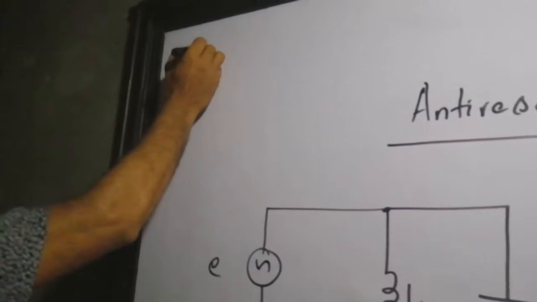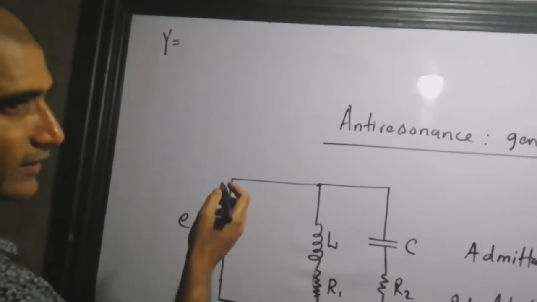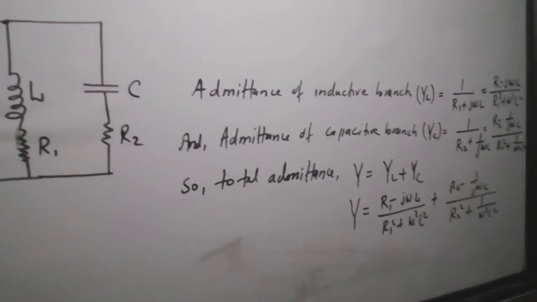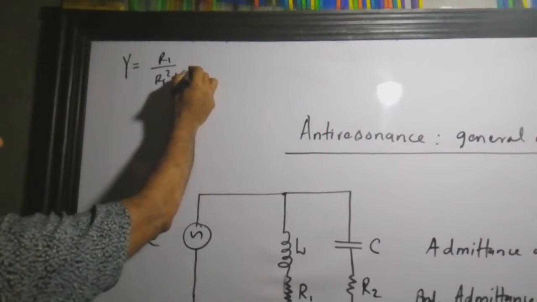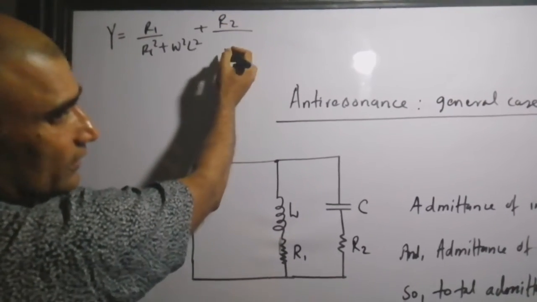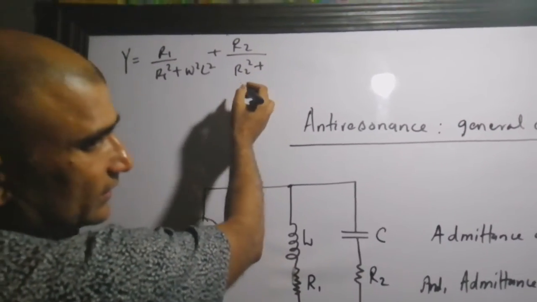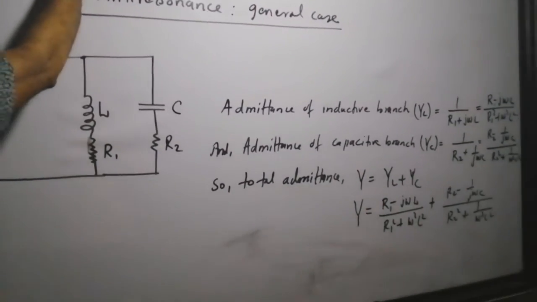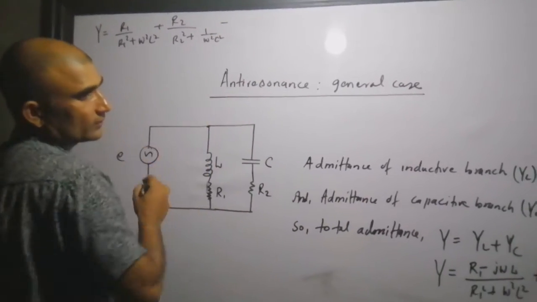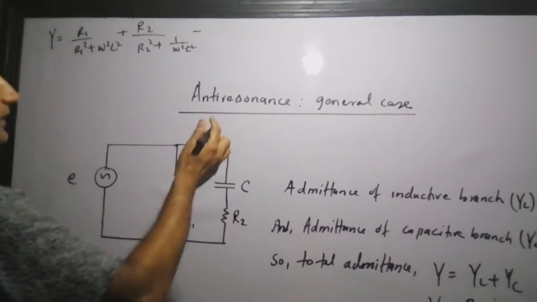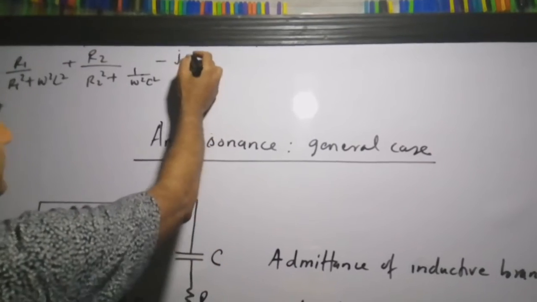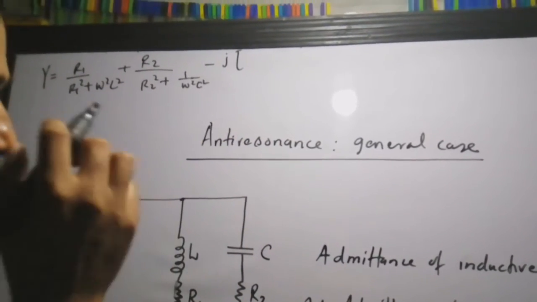I get Y equals R1 by R1 square plus omega square L square, plus R2 upon R2 square plus 1 by omega square C square as the real part. Then the imaginary part comes, and from the imaginary part we take minus j common. If I take minus j common, then what do we get?